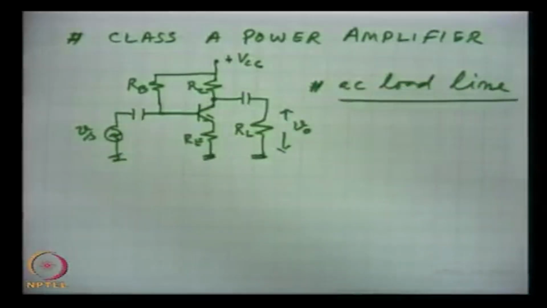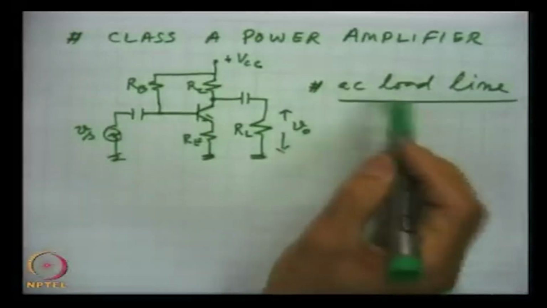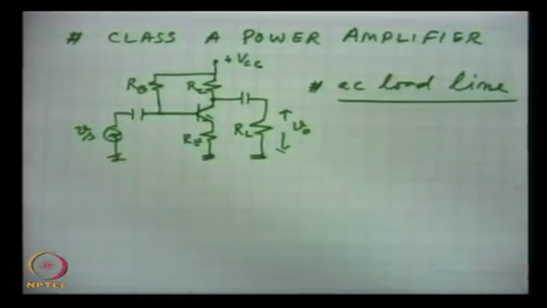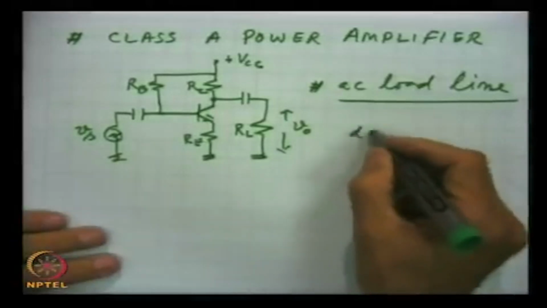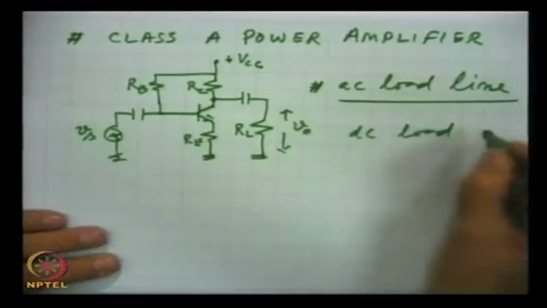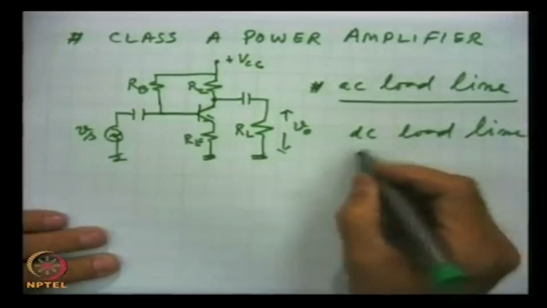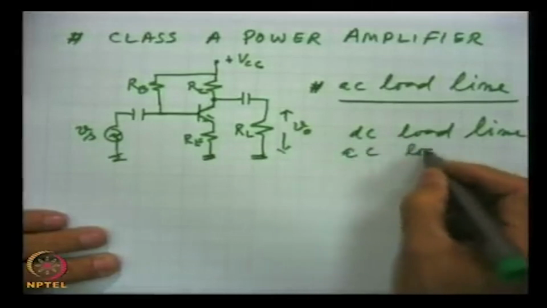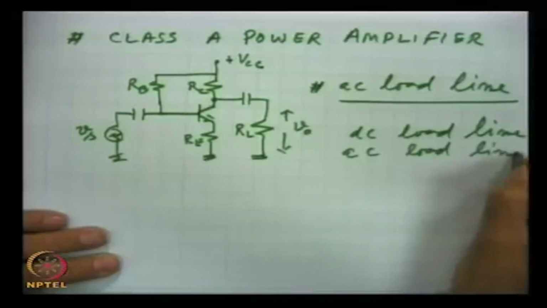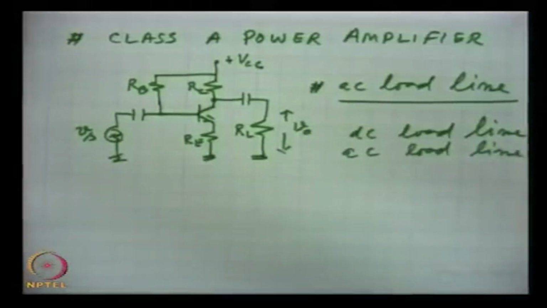The load line concept we have already discussed when we discussed the bipolar transistor, but now we require the AC load line. So, there is a DC load line, and then there is an AC load line. Why are the two load lines different?